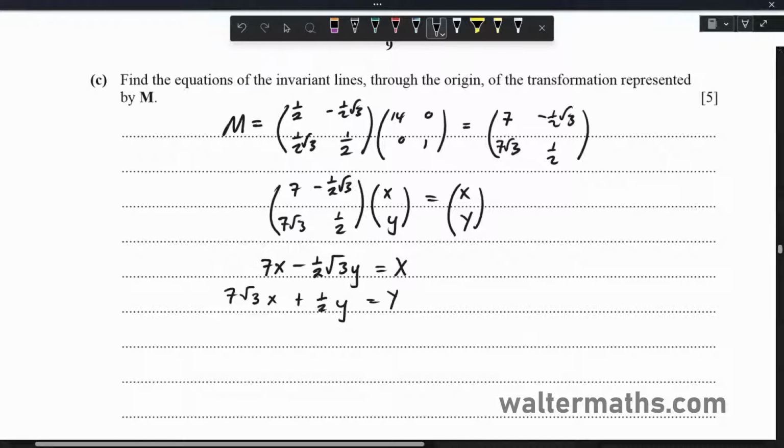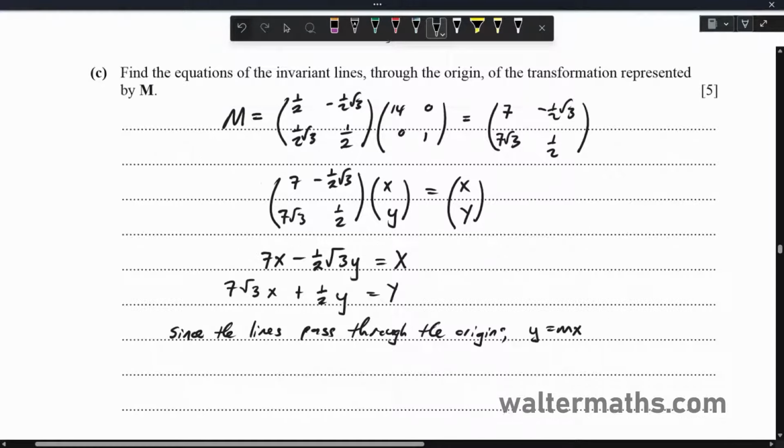Now, since the lines pass through the origin, it means that y should be equal to mx. So where there's y, we're going to put mx in the equations above.